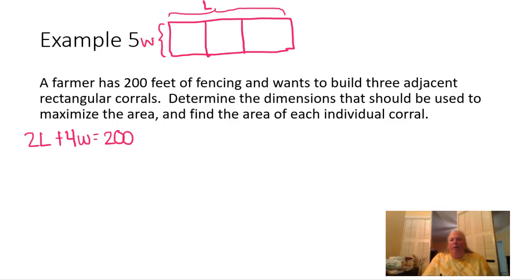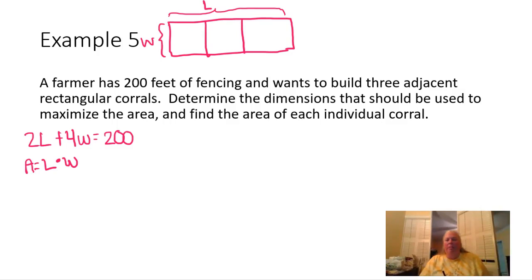The other thing that I know is that the area for a rectangle is going to be the length times the width. So we're going to get the area of the giant rectangle out here, and that's going to be 1 length times 1 width right here. Okay, so we want to maximize the area.